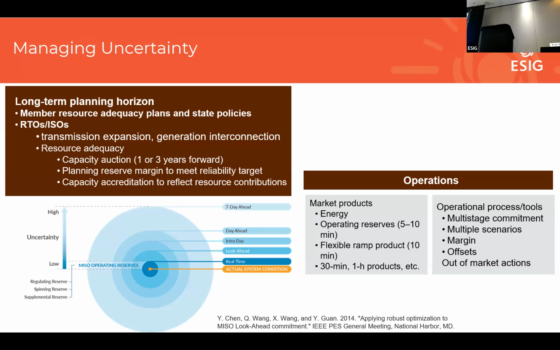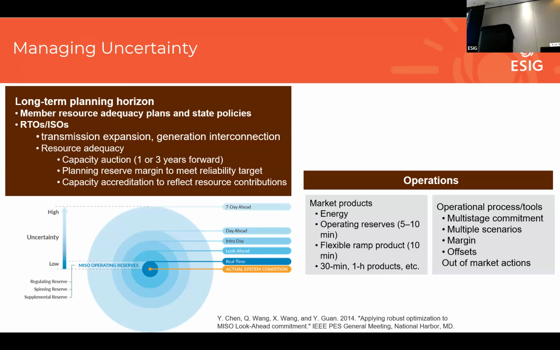Of course, we know that a week ahead, you have a lot of uncertainty in the forecast and the generation availability, fuel availability. So they normally will put some kind of margin in their process, not just to meet the point forecast, but also additional uncertainty. And then most of these generators are cleared in the day-ahead market.